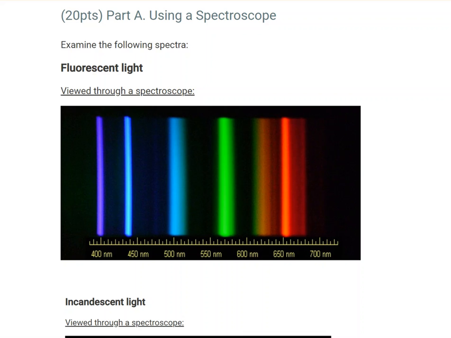So the first part, you're going to be describing some spectra, and they give you the wavelengths at the bottom. When you describe these, give me the color and the wavelength. You may use those two tools that I showed you before to come up with the color and the wavelengths of the different lines.